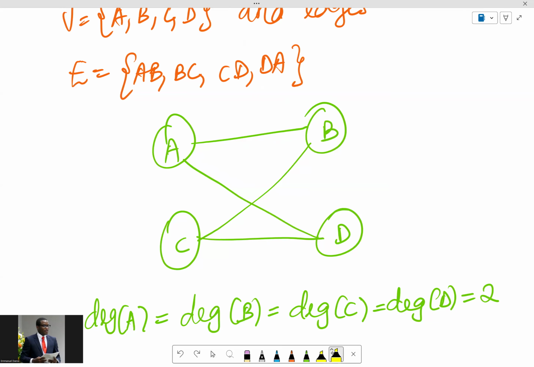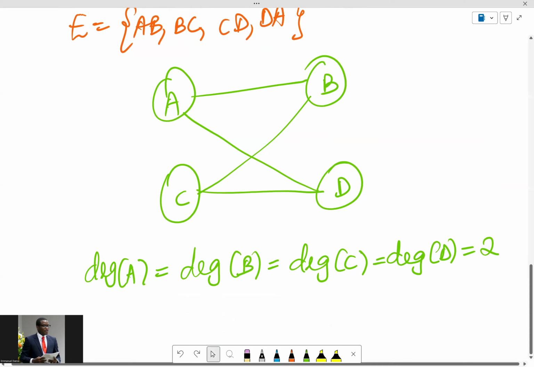A connected graph is one in which you can reach any vertex from every other vertex, directly or indirectly. But a complete graph has a direct connection between every vertex and any other vertex you pick. Those are two different kinds of graphs that we need to pay attention to.